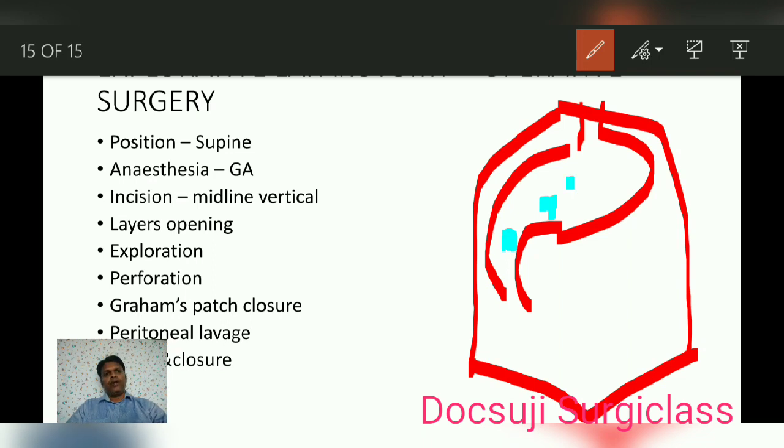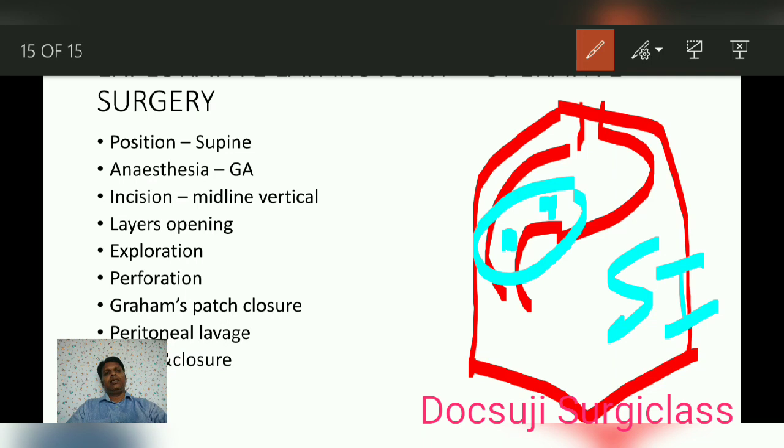Suppose you can't find any perforation in this location, then what do you do? You have to open the greater omentum and go to the lesser sac. Try to find any perforation in the posterior wall of the stomach, and if there is still no perforation, assess for any perforation in the small intestine, large intestine, or the rectum. You have to assess any other causes of perforation completely. That is the main thing.